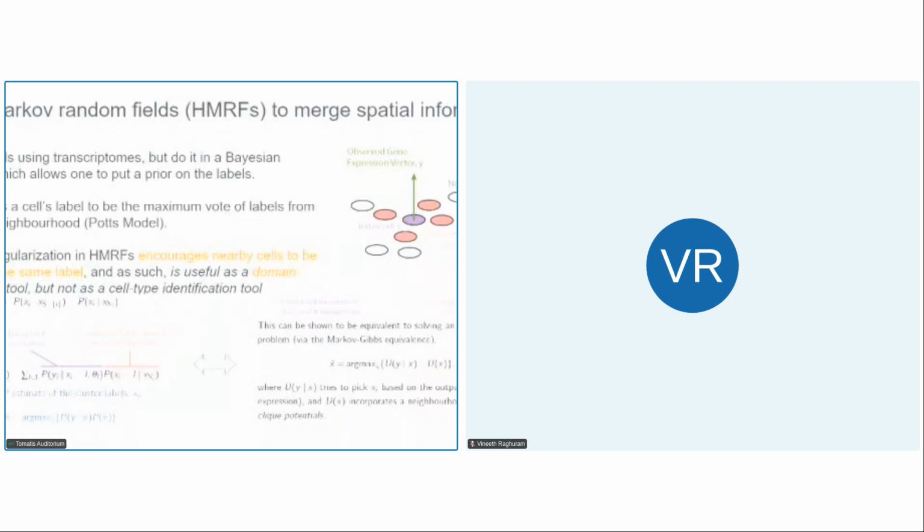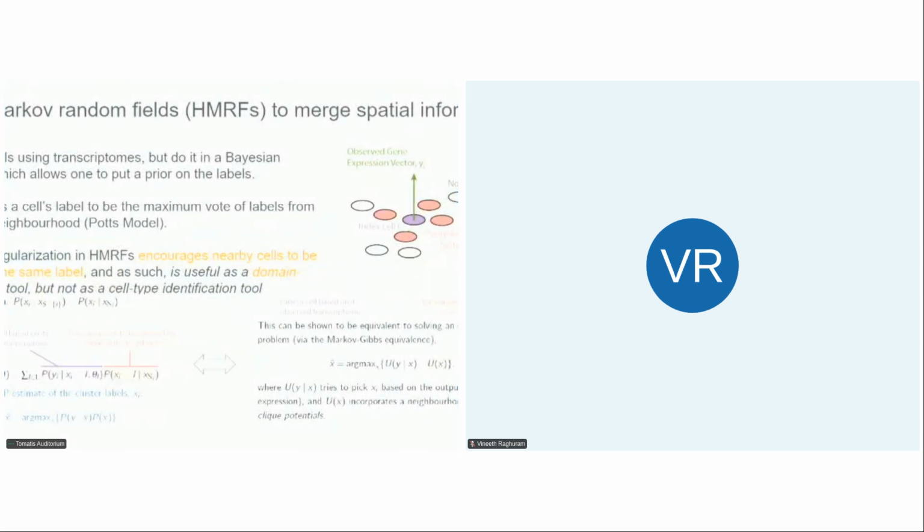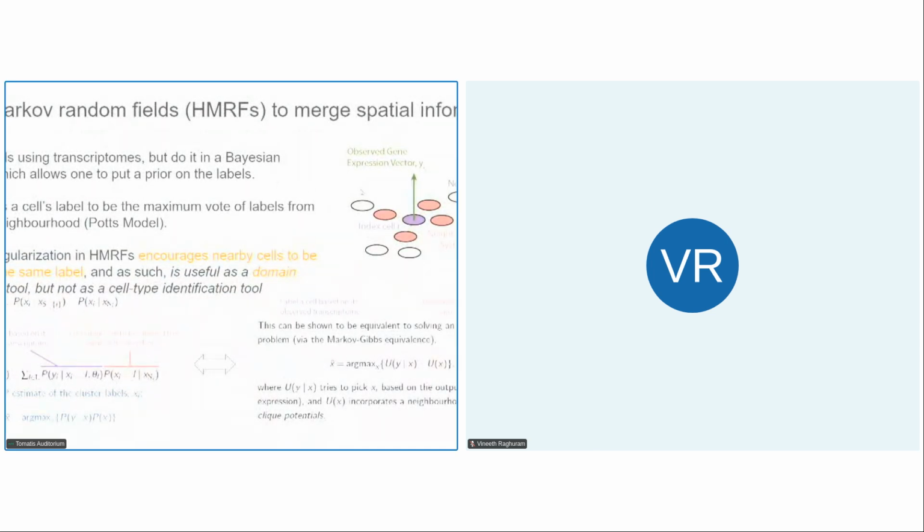Okay, so a quick background on what got us thinking about Banksy in the first place. We were looking at the HMRF methods. Essentially, the idea is that you want to label a cell using its observed gene expression vector and the majority cell type label given to its immediate neighbors.